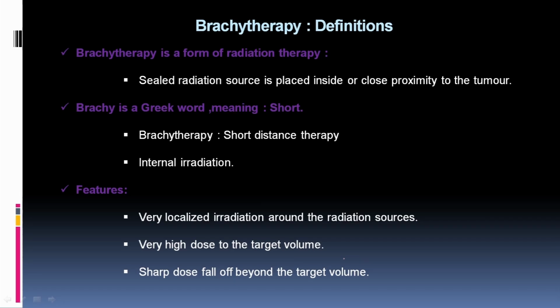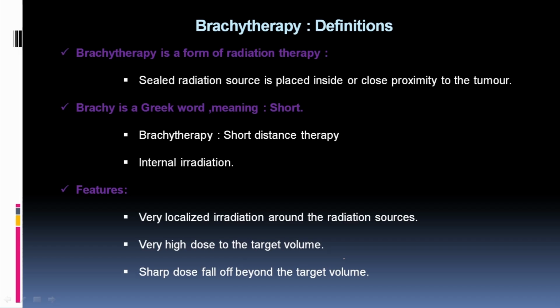And the second feature is that we can deliver a high dose to the target volume, and there will be a sharp dose fall off beyond the target volume, because the radiation exposure is inversely proportional to the square of the distance.